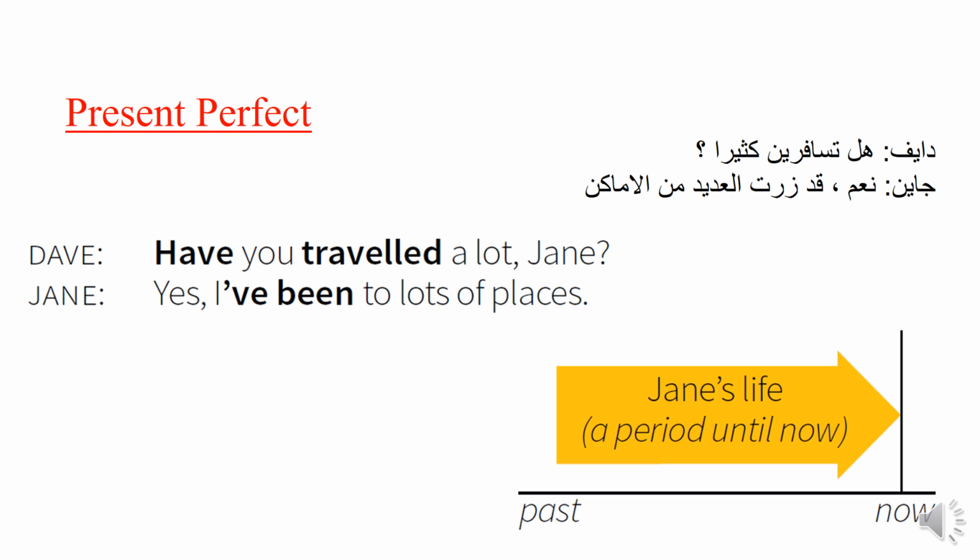As the examples here. "Have you traveled a lot, Jane?" "Yes, I've been to lots of places." So the answer of Jane, "I've been to lots of places," represents the present perfect.